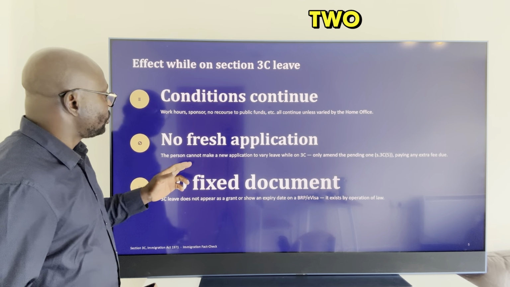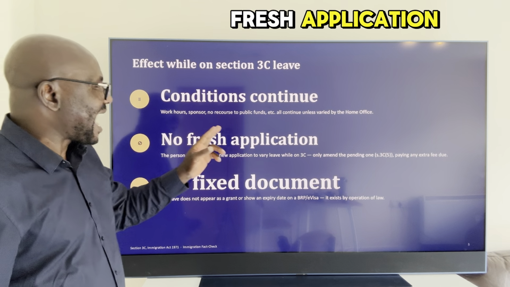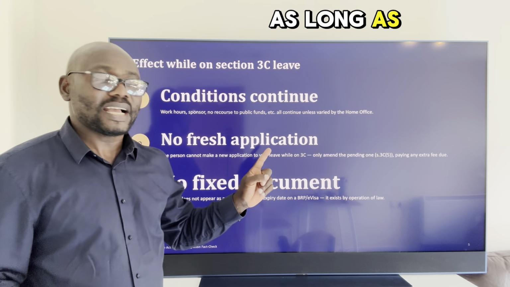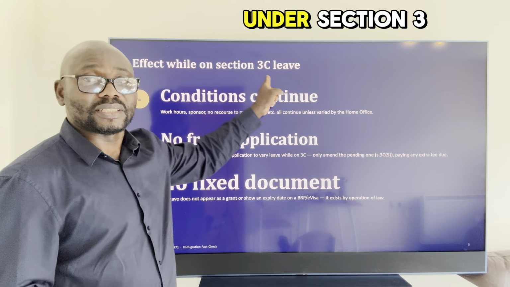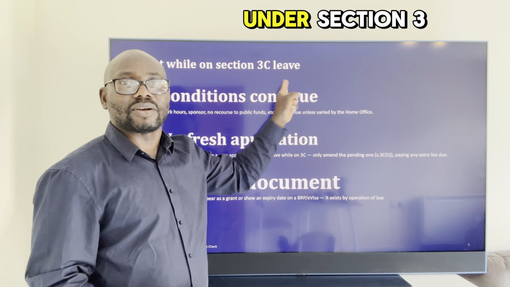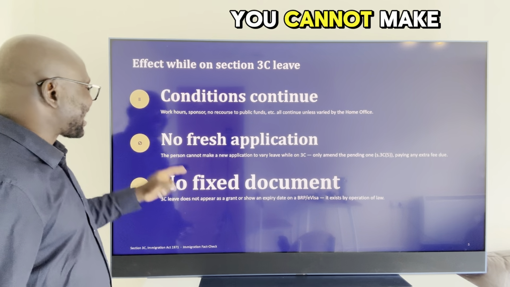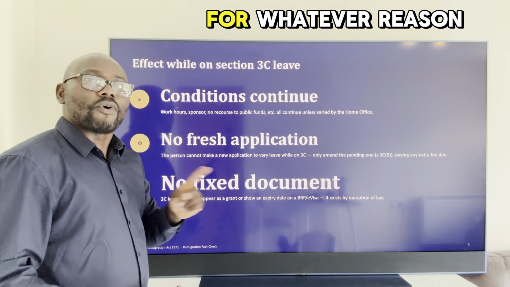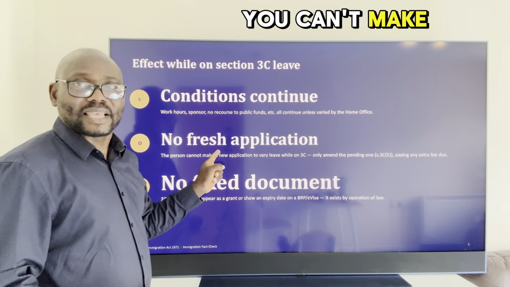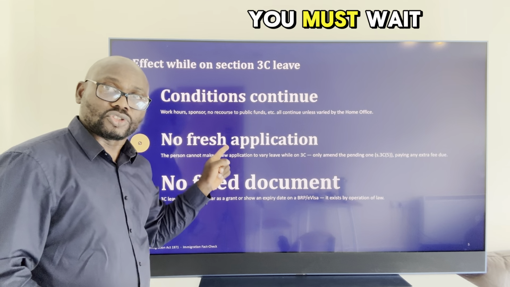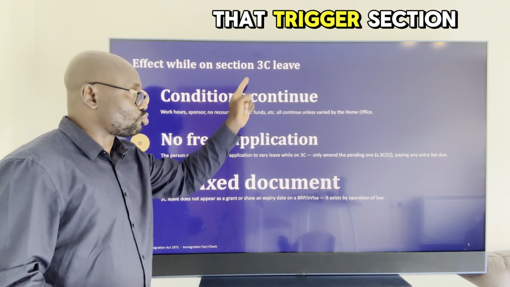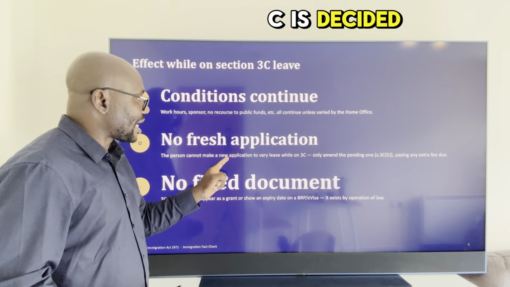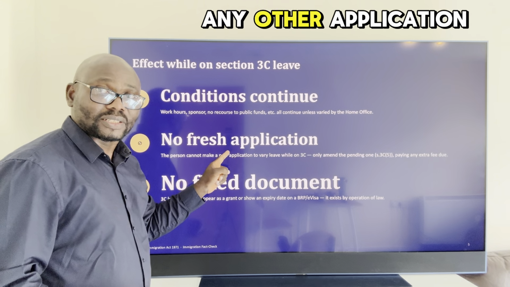And number two, there is no fresh application. As long as a migrant is under Section 3C leave, you cannot make any fresh application to the Home Office. For whatever reason, you can't make any fresh application. You must wait until the application that triggers Section 3C is decided before you make any other application.